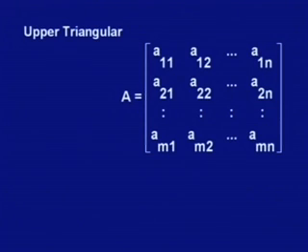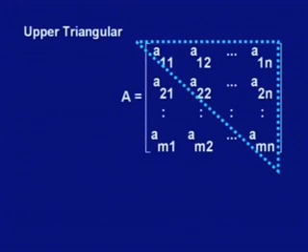Now, on the basis of this, I can define an upper triangular matrix. In this square matrix, if we consider the elements shown in this triangular box, all elements are either on the upper side of the diagonal or on the diagonal.